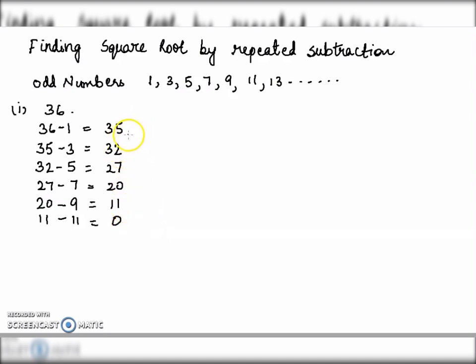So you have performed how many steps? This is the first step. This is your step 2. This is step 3. This is step 4. This is step 5 and step 6. So after 6 steps you are getting the number 0. So therefore square root of 36 will be equal to 6.